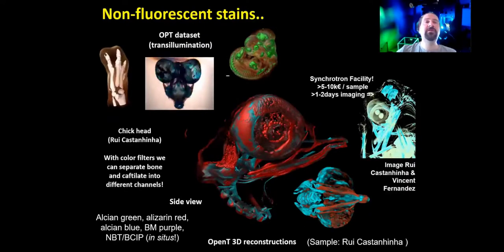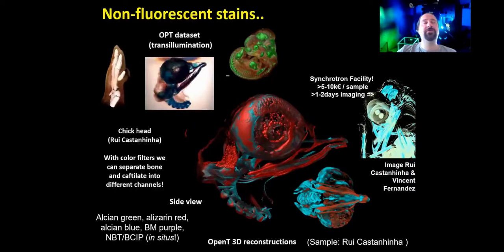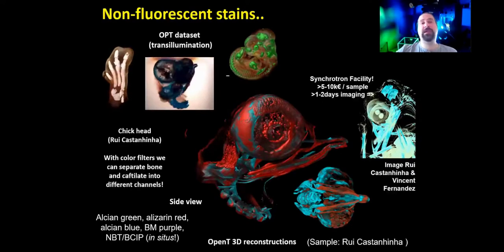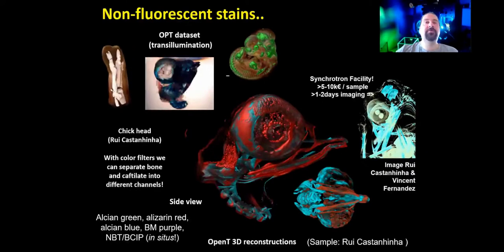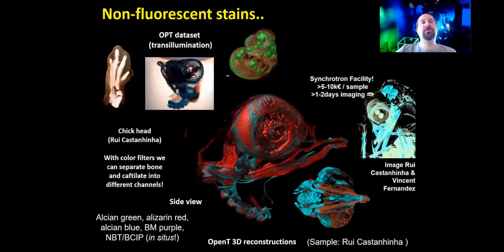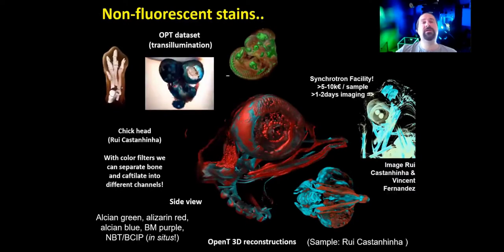So if you're using non-model species, bizarre species where you cannot easily get transgenics expressing fluorescent proteins, you can still get a three-dimensional image from them using optical tomography, whereas it would not be possible, or not easy at all, to get 3D images using the conventional confocal, two-photon, or even light sheet microscopy.